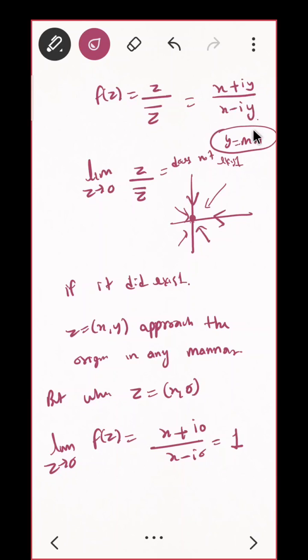That's why the limit does not exist. Here I just took the simple one, that is the real axis and the imaginary axis. You could have done it by that method also. So if you are still having some issues, go back to your SYBSC part and read that.